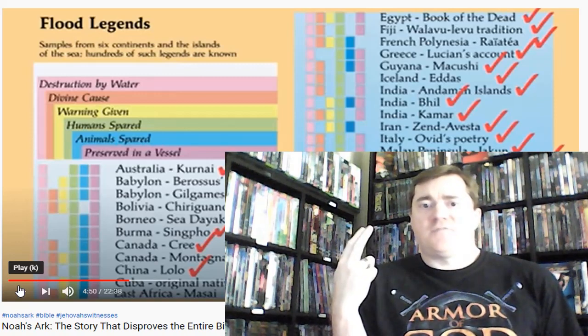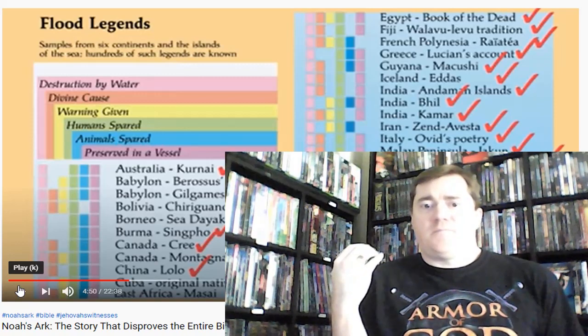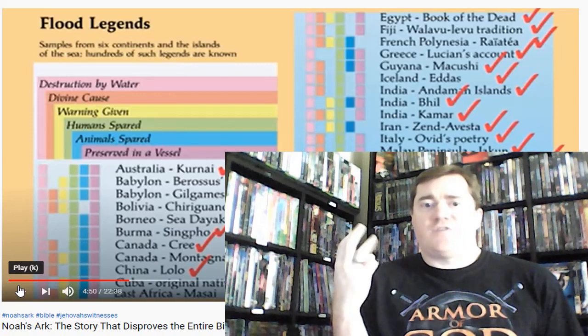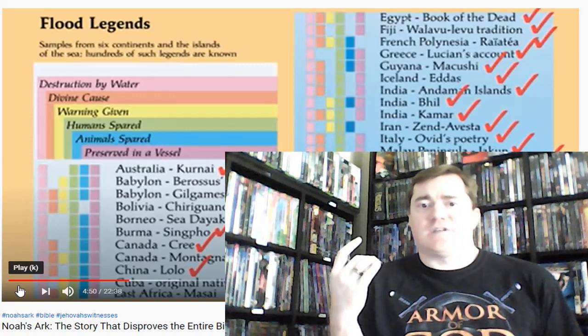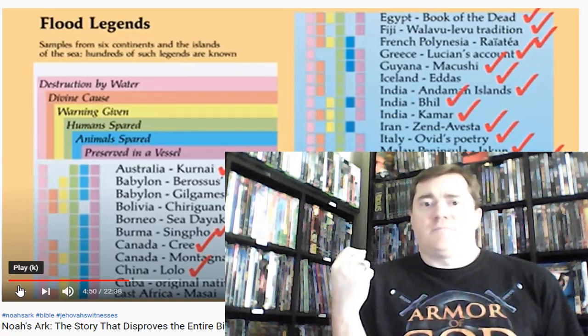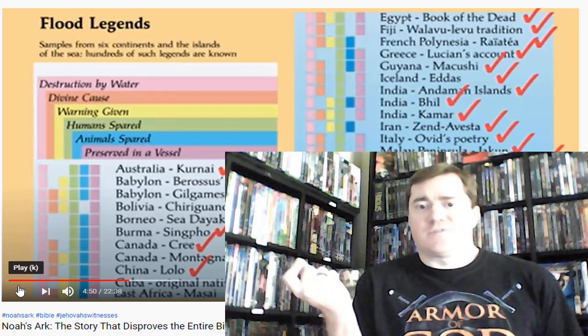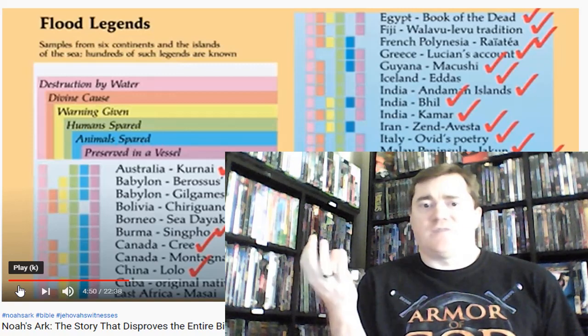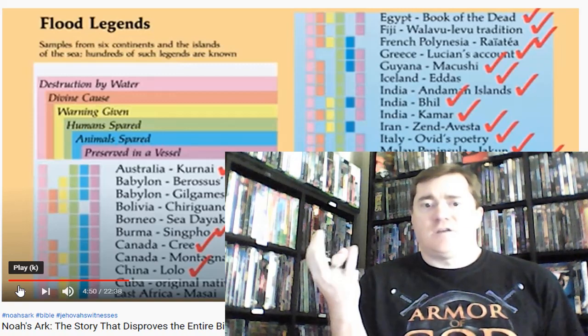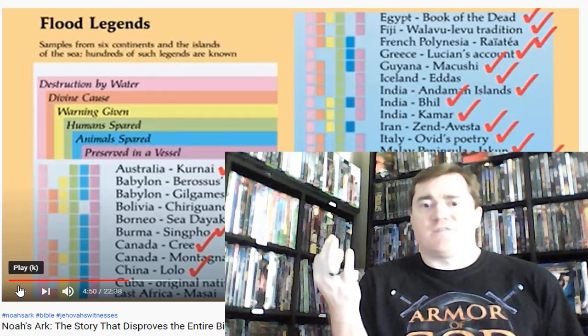New Zealand, they have divine cause, humans spared, and preserved in a vessel. Peru, same thing, only they don't have them preserved in a vessel. Vanuatu, they have humans spared, animals spared, preserved in a vessel.